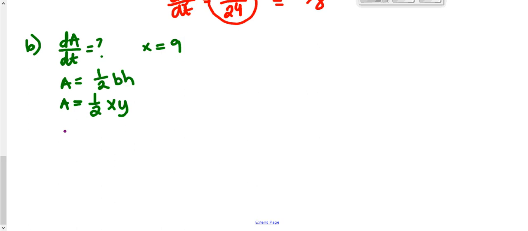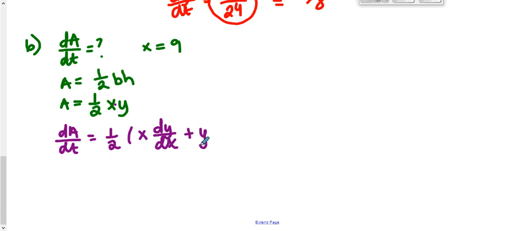When we take our derivative and get dA/dt, I'm going to leave 1/2 out front. And then we have a product. So we have the first times the derivative of the second plus the second times the derivative of the first. Then we can plug in. We want dA/dt, so that's the only thing that's going to remain not plugged in. x is 9.